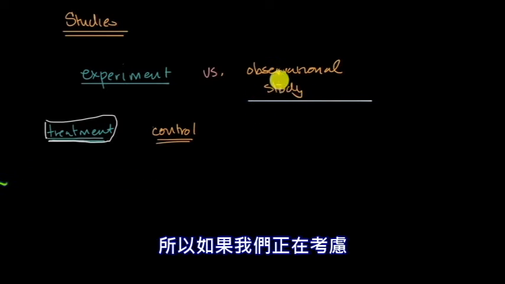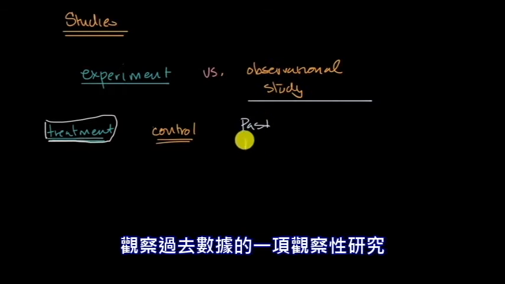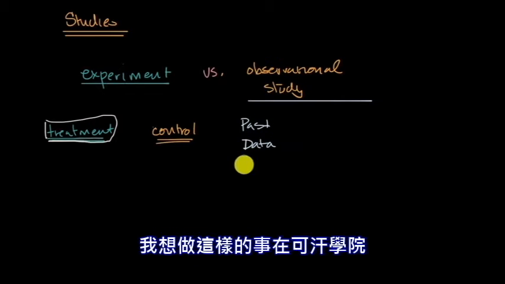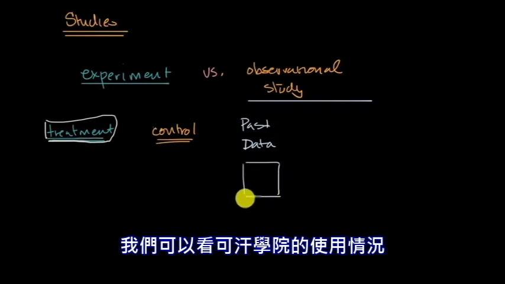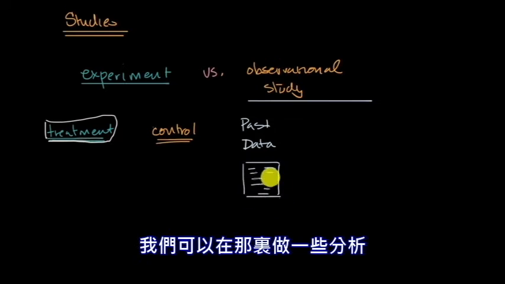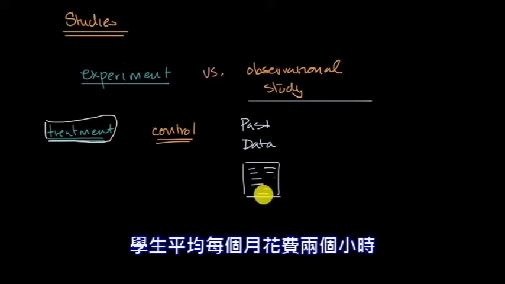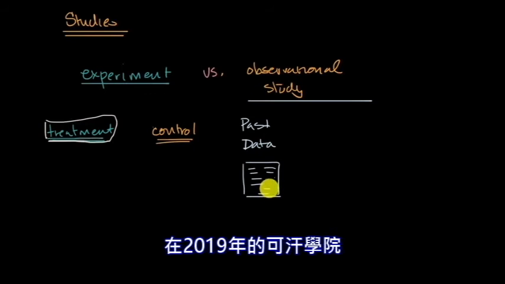So if we're thinking about an observational study that is looking at past data, I could imagine doing something like this at Khan Academy, where we could look at usage of Khan Academy over time. We have these things in our server logs, and we're able to do some analysis there. Maybe we're able to say, okay, on average, students were spending 2 hours per month on Khan Academy in 2019.